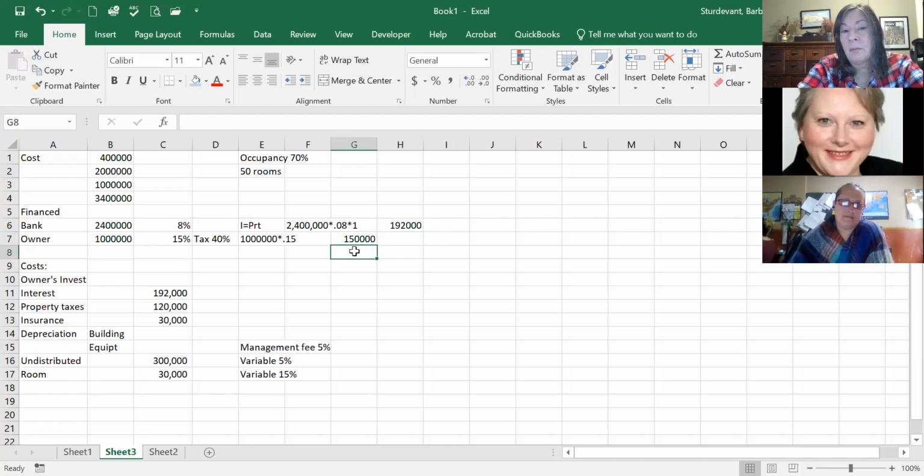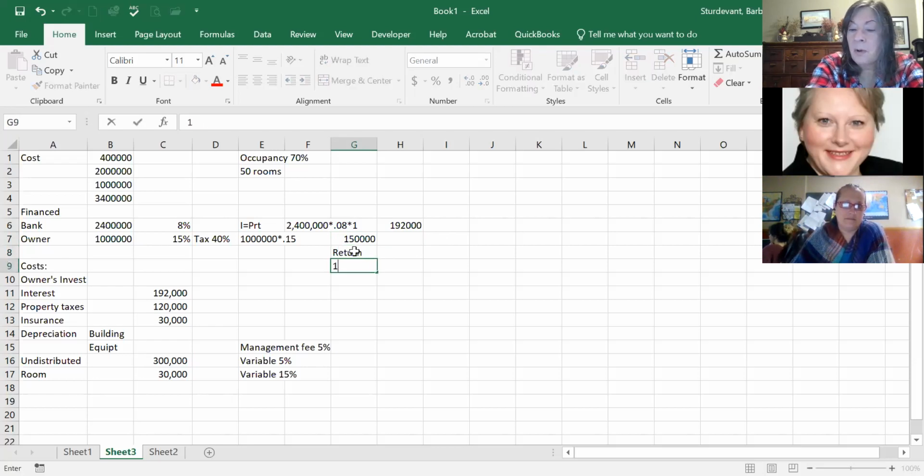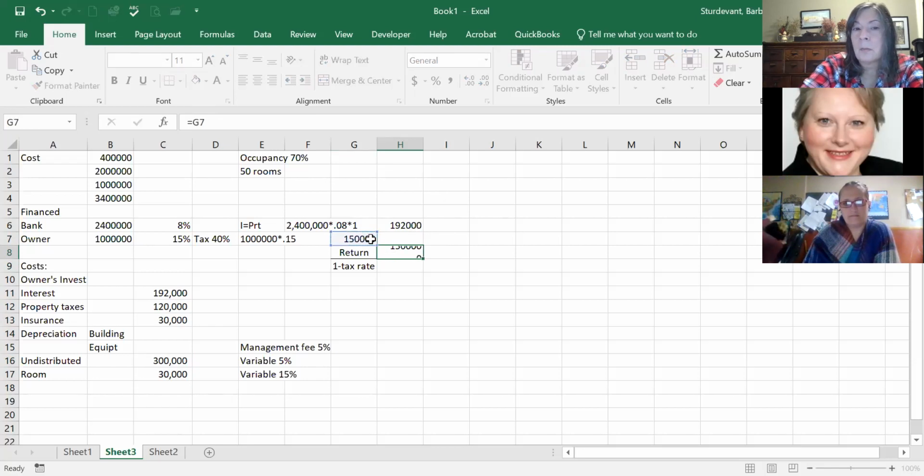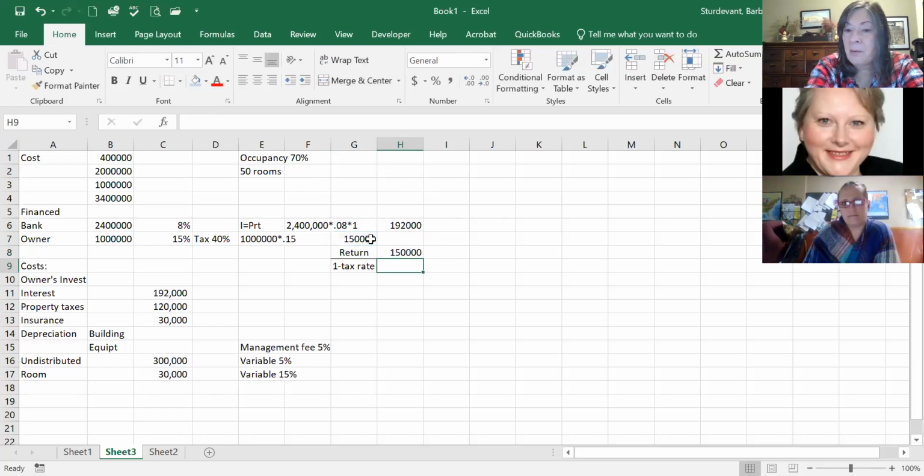And to do that, we're going to take the, I'm going to call it the return. And we're going to divide by 1 minus the tax rate. So in this case, what we would do is we would take the 15,000 and we would divide by 1 minus 0.4 because that's the tax rate.